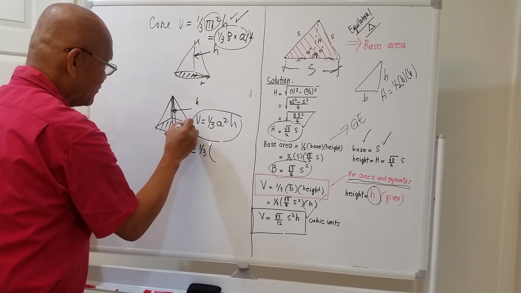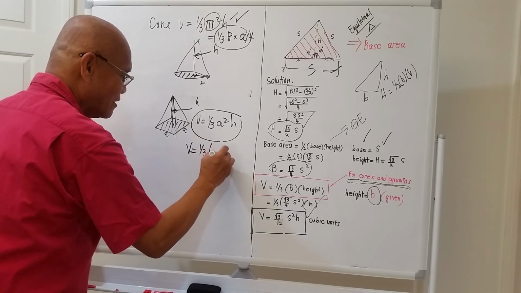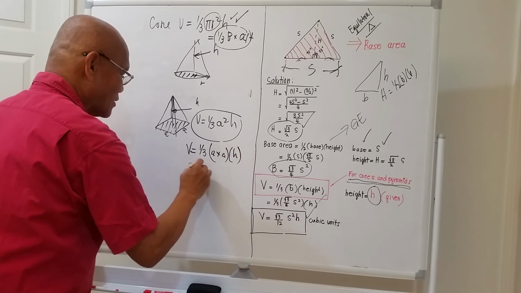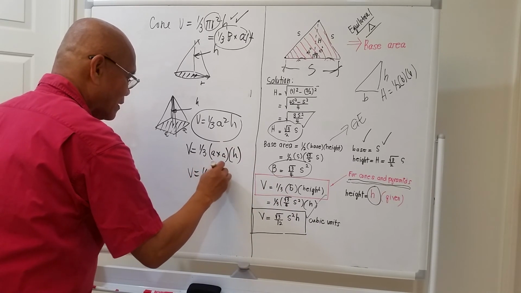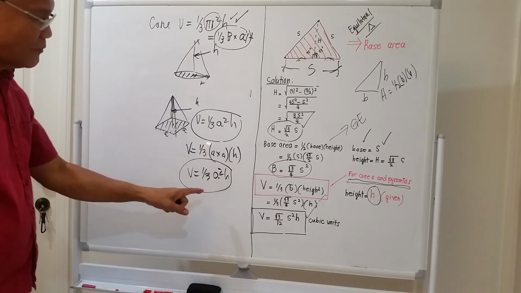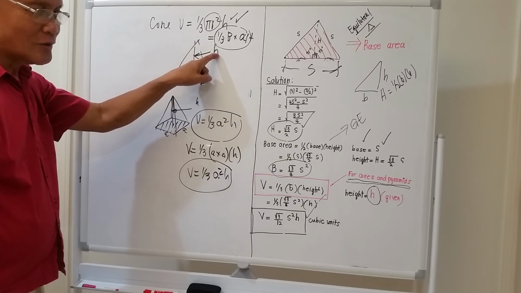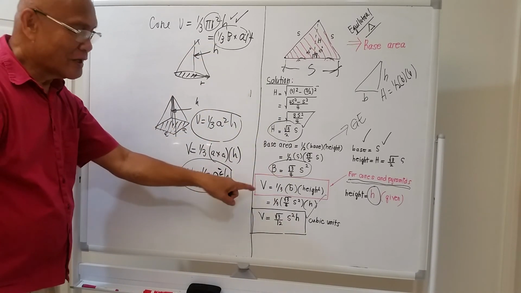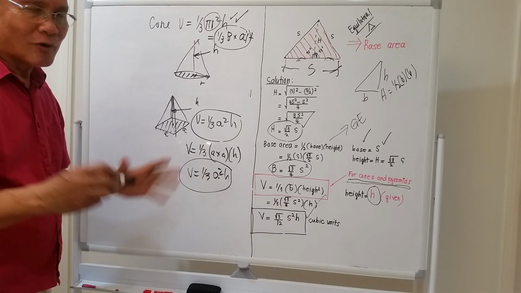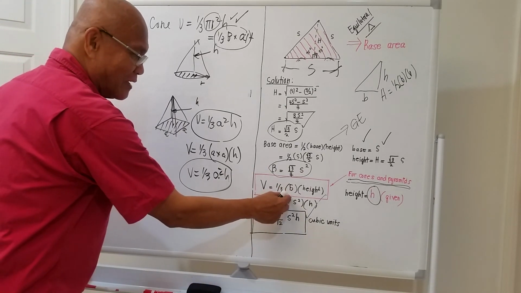If the base of the pyramid is a square, this is A, so the area will be A times A. Times height, so volume is 1/3 A square H. We also derived this under integral calculus. So the concept that we use here is a proven concept: for any cone or pyramid, volume will be 1/3 the base area times height.